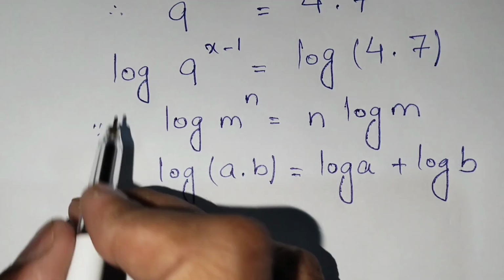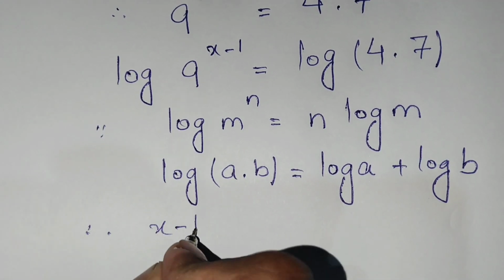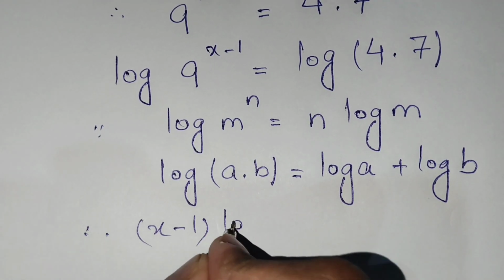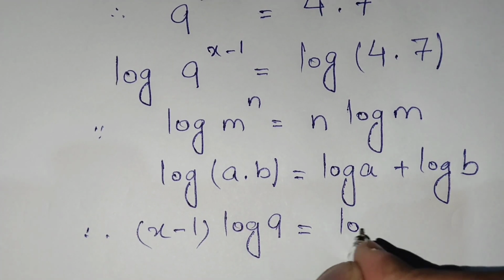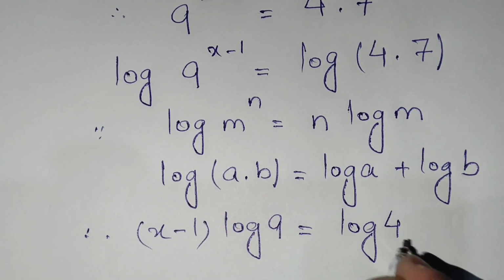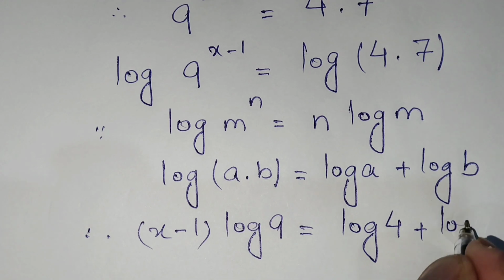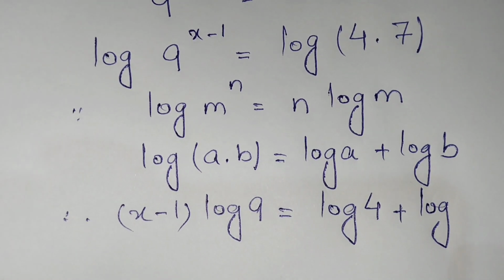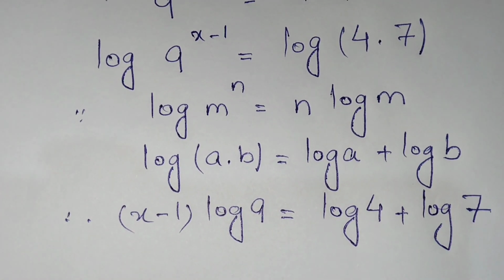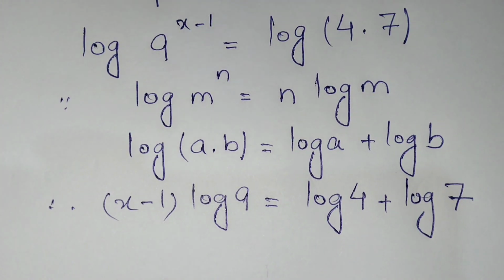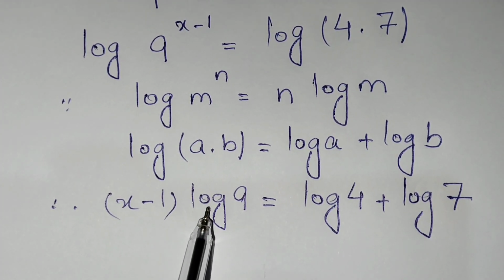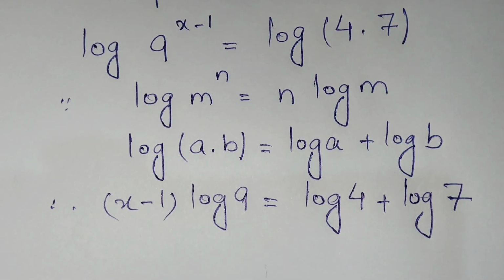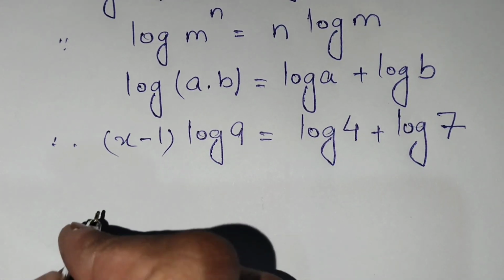Therefore, it will be x minus 1 times log of 9 is equal to log of 4 plus log of 7. This is the extra term which is multiplying with x minus 1, so we have to divide log of 9 on both sides of the equation.